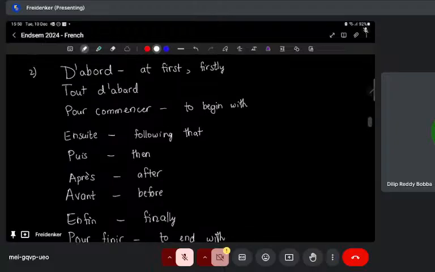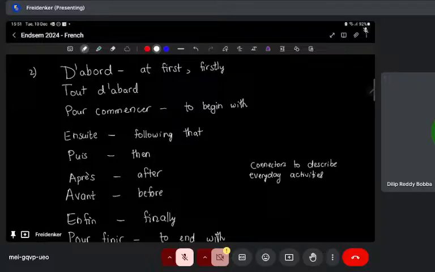So you have these connectors to describe your everyday activities. Like first I will do this, then I will do this, and then I will do this, and so on. So this is some vocab.